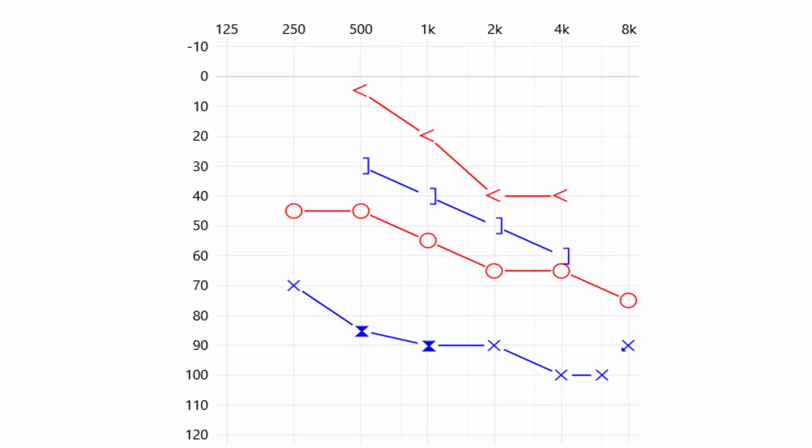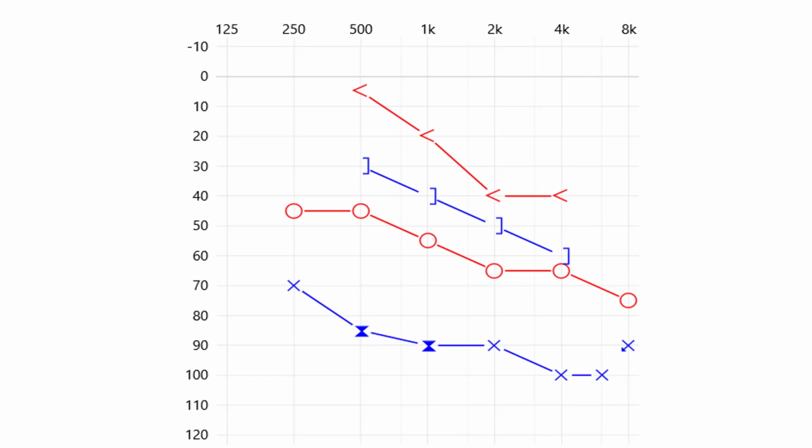In the left ear, we can again see that there is a large gap between the left blue bone conduction results, shown by the blue staple marks, or bracket, and the left air conduction thresholds, which are shown here with blue X's. So again, the left ear has a conductive component to the hearing loss as well.